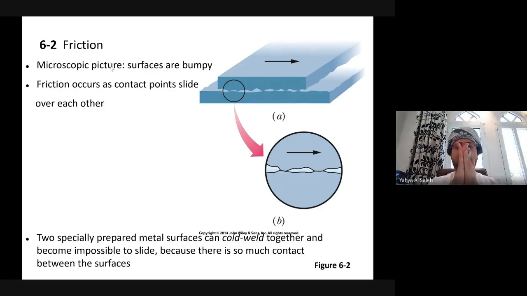When they come together, there's not enough bumpiness. The microscopic attraction forces will cause them to stick to each other and weld. So believe it or not, if we have very, very low friction, generally speaking, that might be a bad idea for things in general. I wouldn't want my hand to stick to this pen.